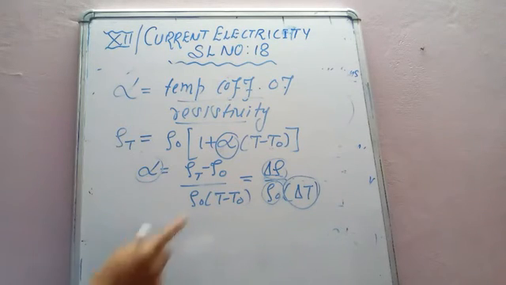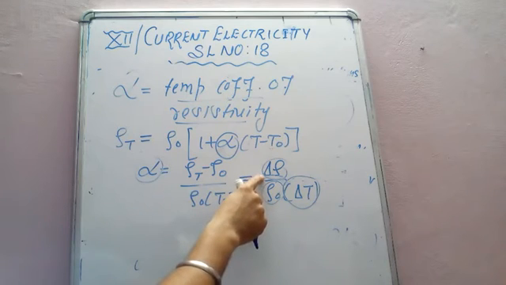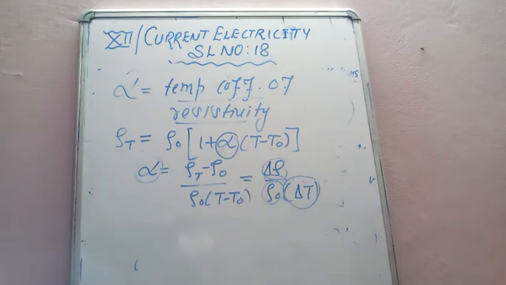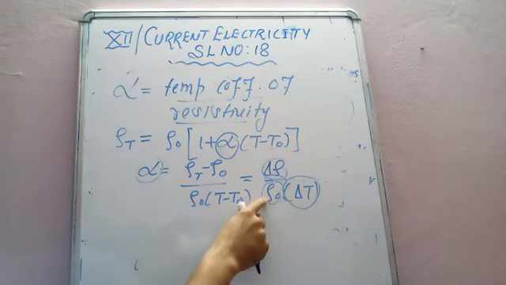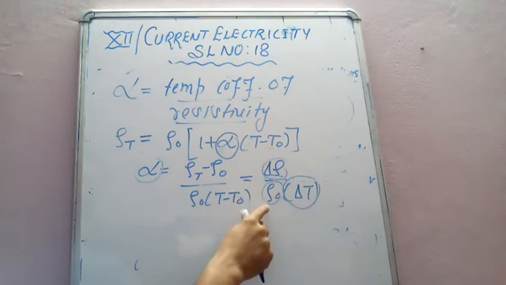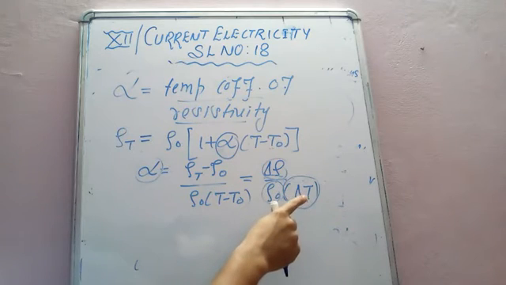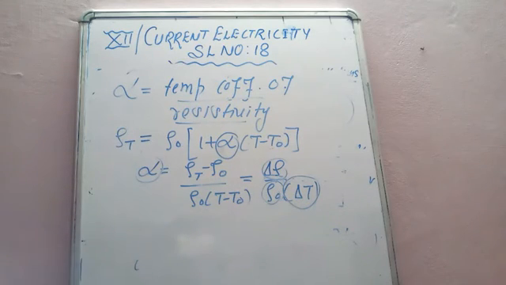It tells how much deviation there will be in the value of resistivity from its original value at standard temperature when there is a unit change in temperature. So we can say that the temperature coefficient of resistivity is defined as the change in resistivity per unit original resistivity per unit change in temperature. This is a very important term to understand the variation of resistivity with rise in temperature.